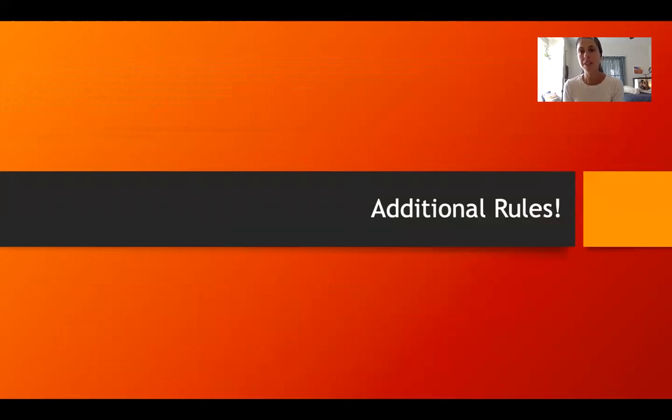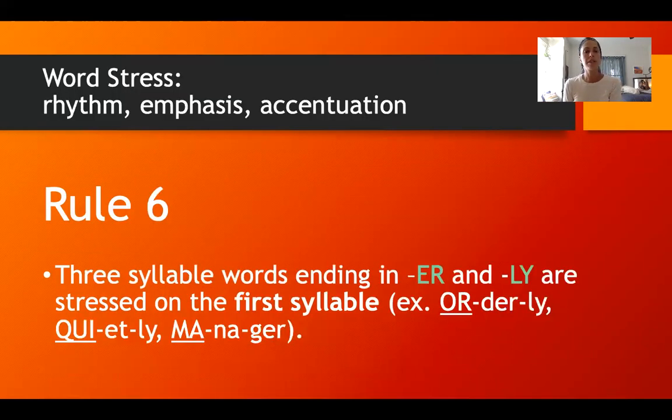Now let's talk about some additional rules that were not covered in that video. Rule number 6, three-syllable words ending with ER or LY are stressed on the first syllable. Orderly, quietly, manager. Now, you can see that actually this could be very similar to our rule number 1.